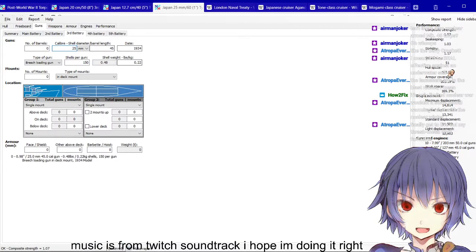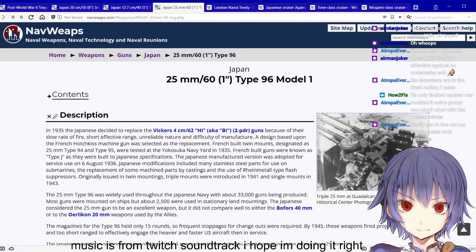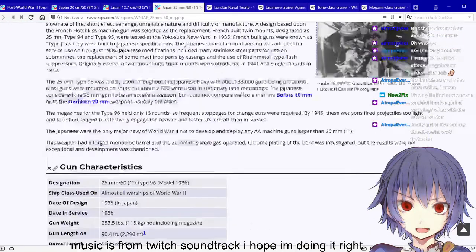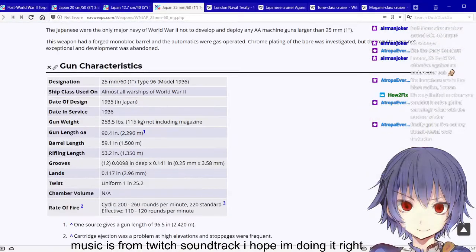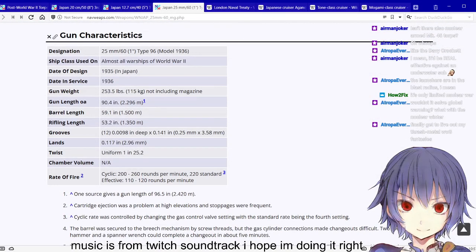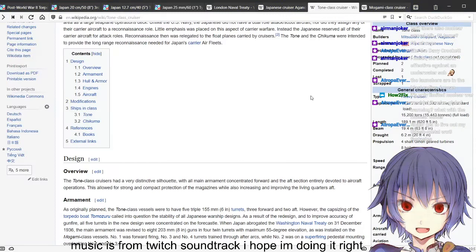So we're going to have 25mm guns. We're going to hide SpringSharp and look at this. 25mm/60. We're going to see how many they have on Tone A as built. 6 times 2. Okay.